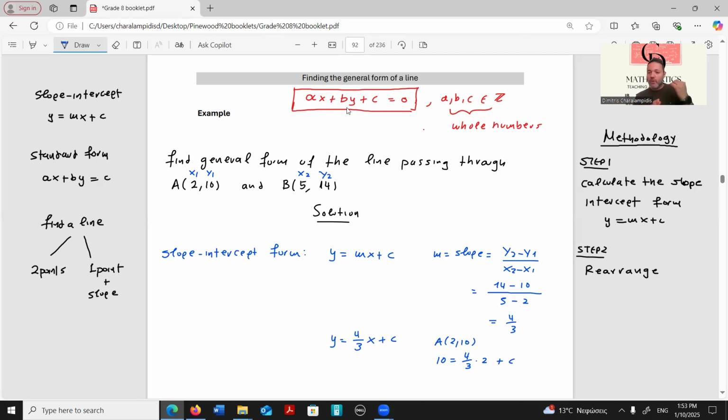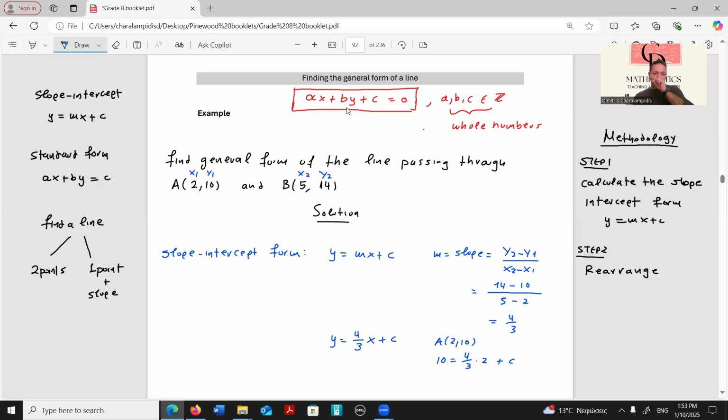If you remember, in a previous video we said something about a poem when we are referring to a point of a line. And that poem goes as follows: a point lies on a line when its coordinates satisfy that line's equation.